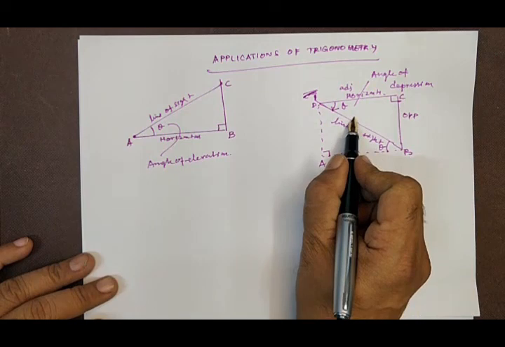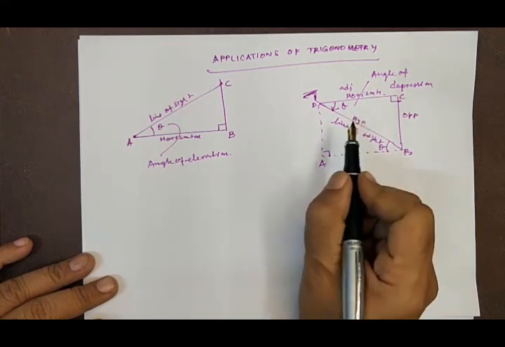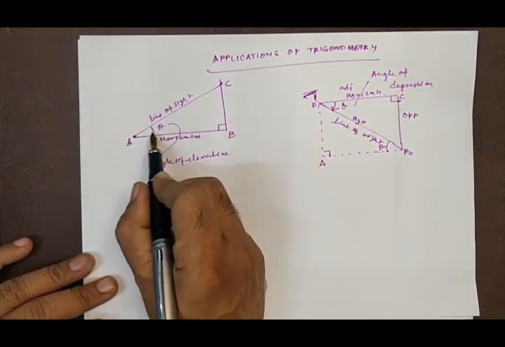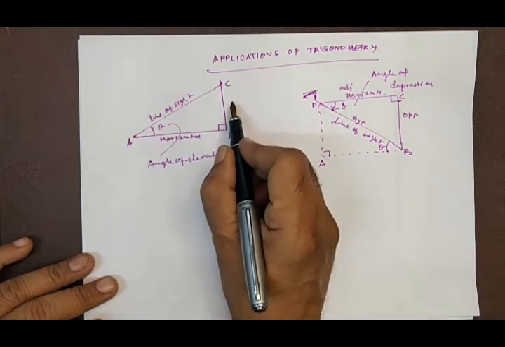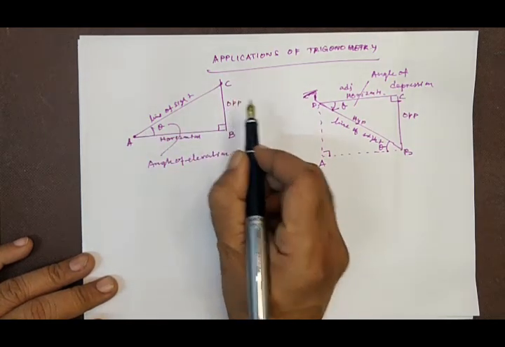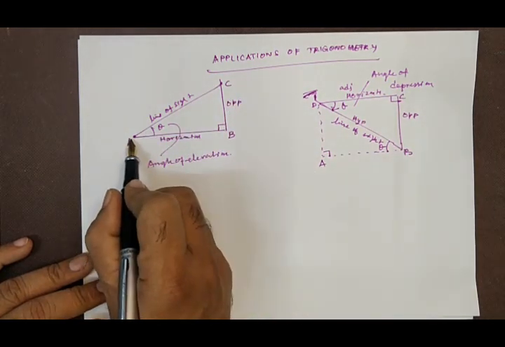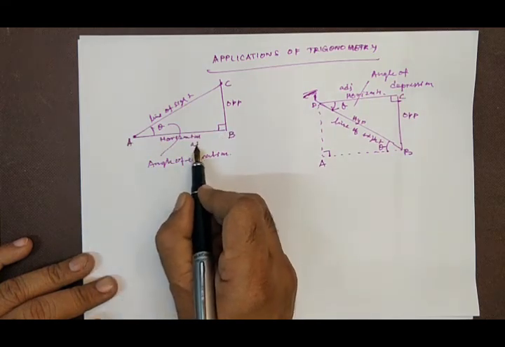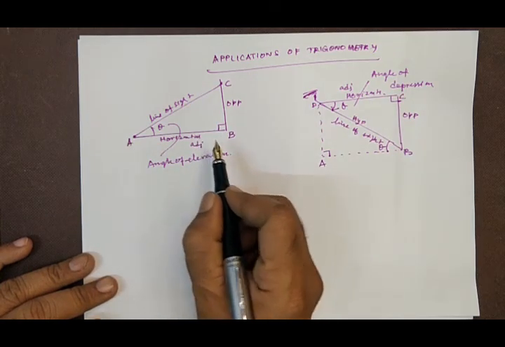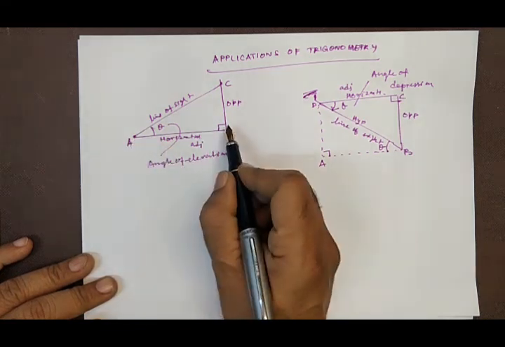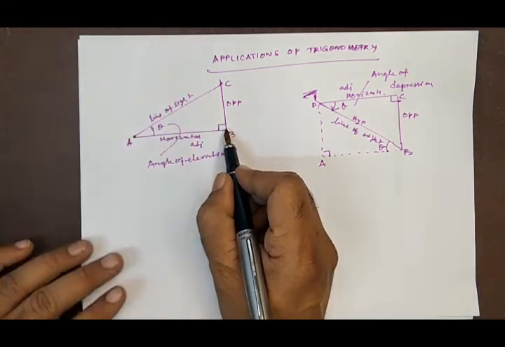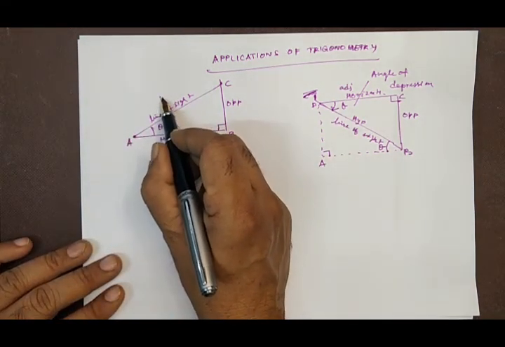And this is the hypotenuse. Are you able to follow? Similarly here, the side opposite to the angle is the opposite side. The side adjacent to this is the adjacent side, and the side opposite to the right angle is called the hypotenuse.